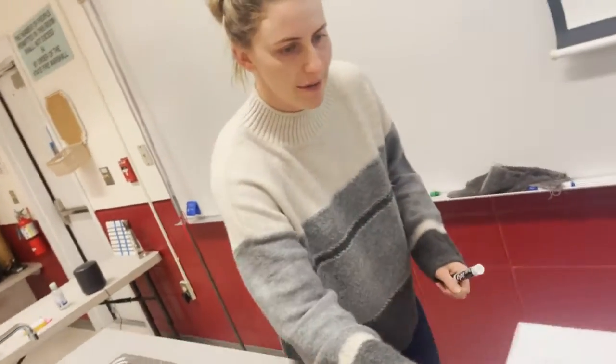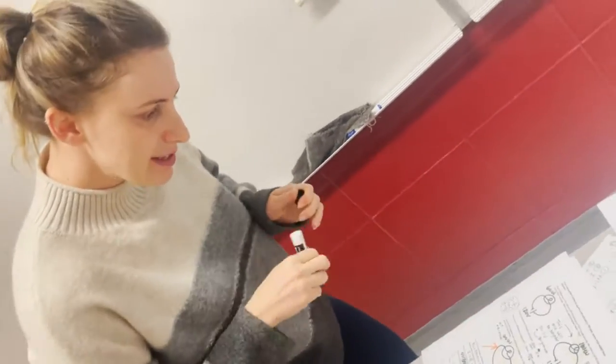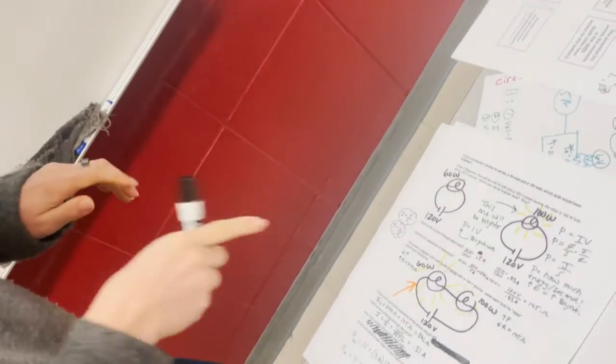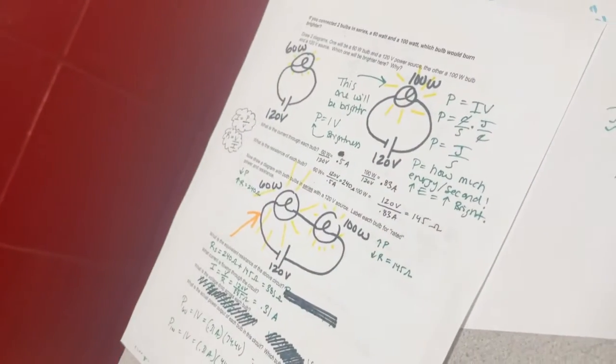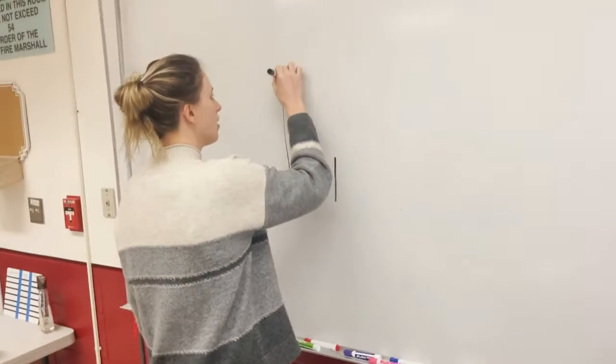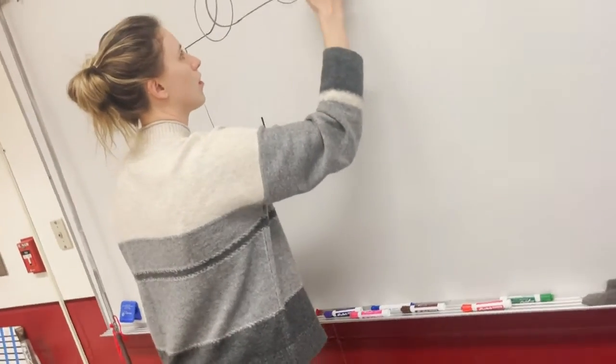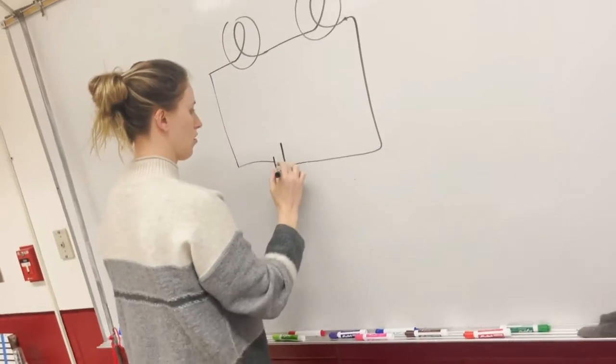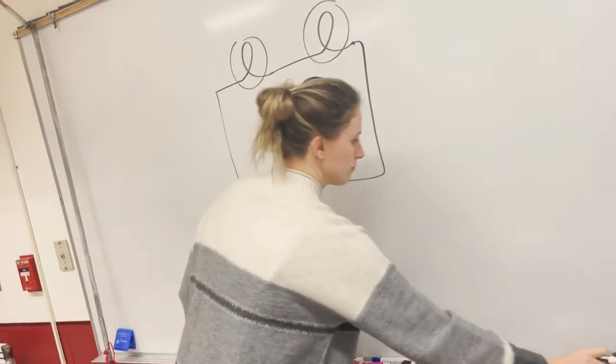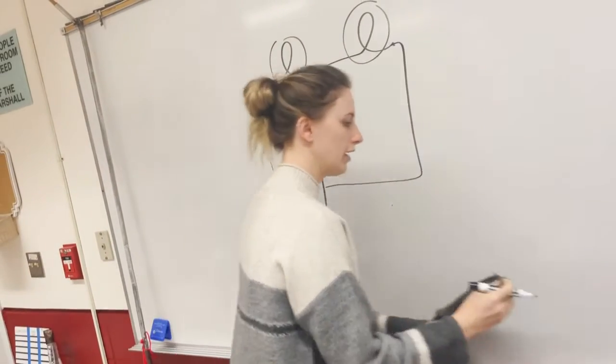All right, so what do we have here? It says draw a diagram with both bulbs in series. So we'll do it in series with a 120 volt source. Okay, so here we are. 120 volt source. And one bulb is 240 ohms.